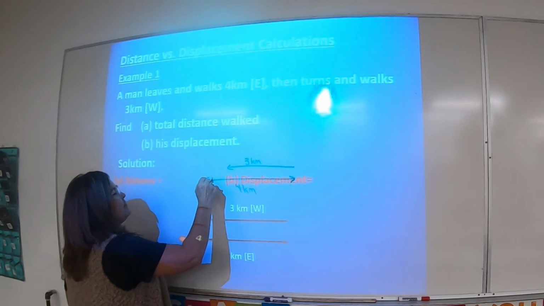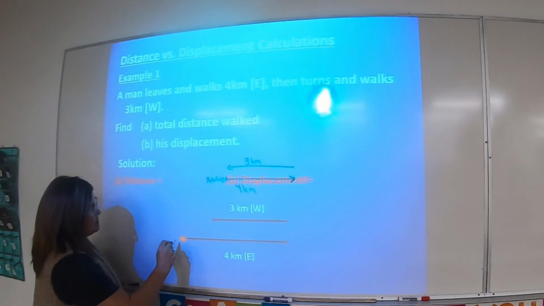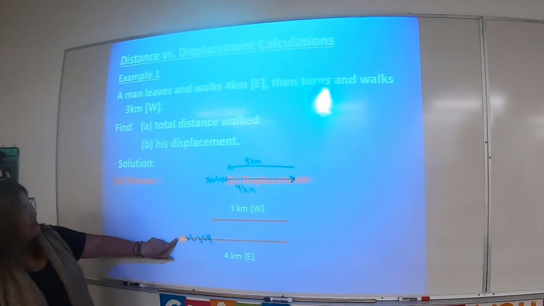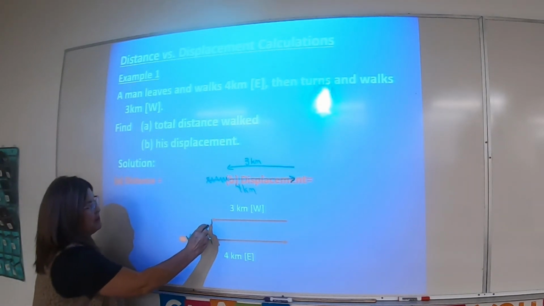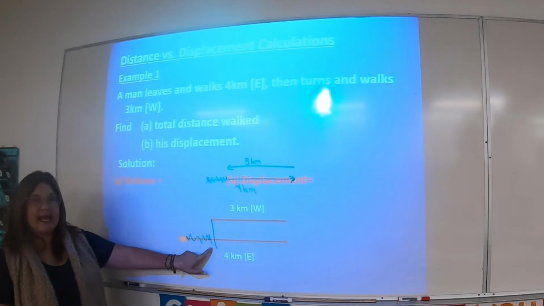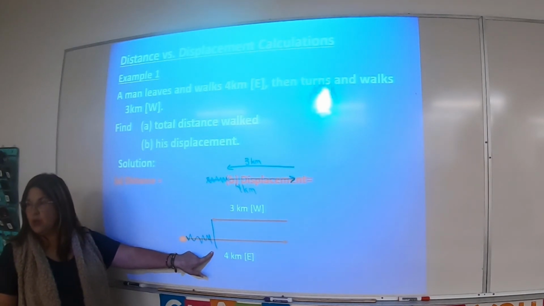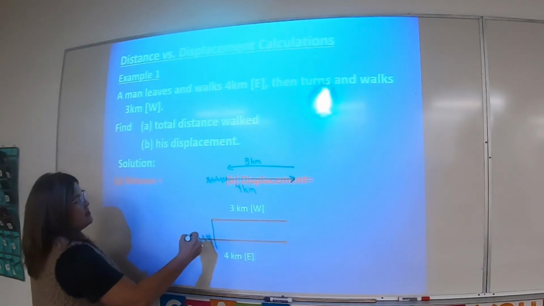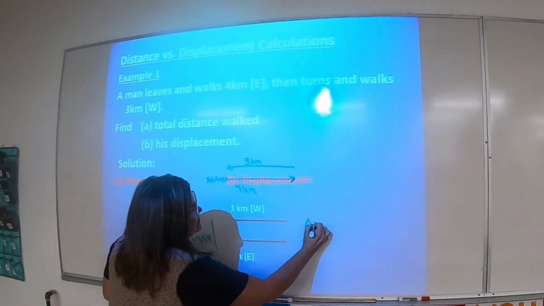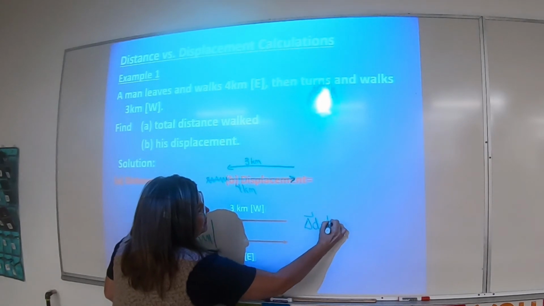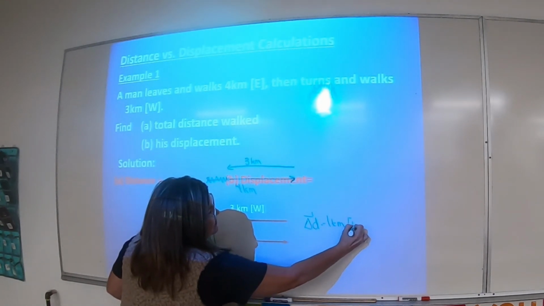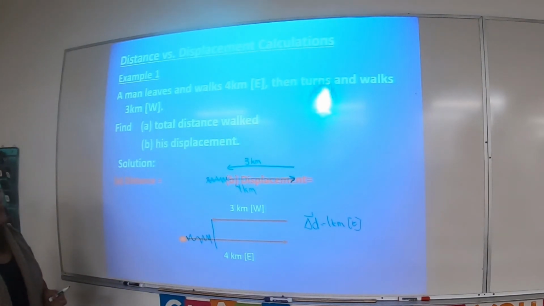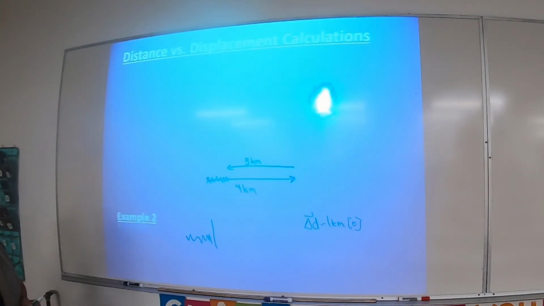So I am looking for the section from the beginning to where he ended up. From beginning to end, it is 1 kilometer east. So that will be his displacement. Delta D will be 1 kilometer east, a straight line segment from beginning to end.